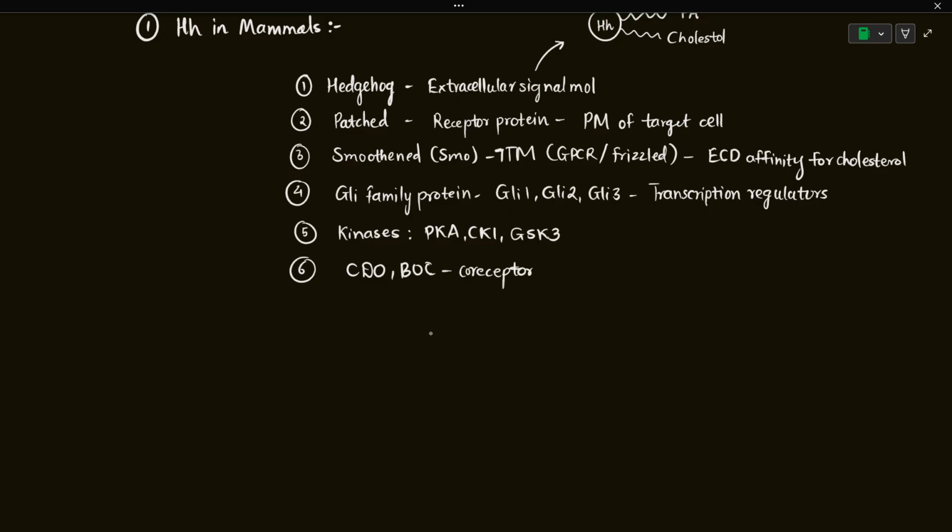But in the case of mammals, the other proteins such as CDO are named differently because they are different from Drosophila. So they are not conserved. So the co-receptor molecules for hedgehog protein are not conserved in mammals and in Drosophila. These are the co-receptor proteins that are present in mammals, CDO, BOC. In the case of Drosophila, it is IHOG.